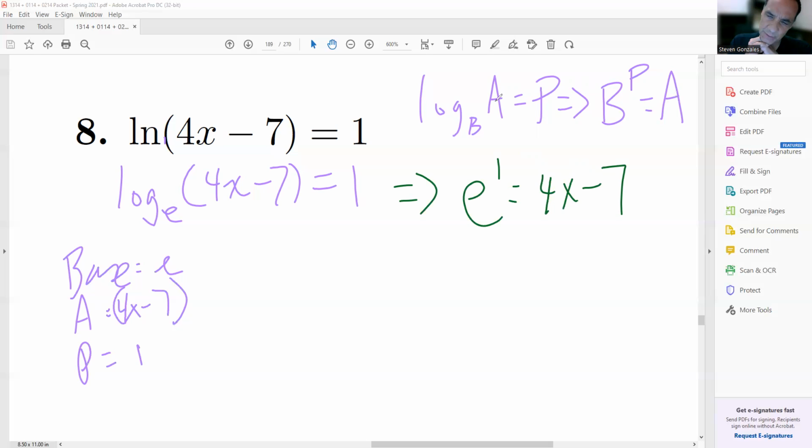Now, a lot of folks are not terribly happy with e to the 1. They don't like having vowels in their math. They're already having enough trouble with x.